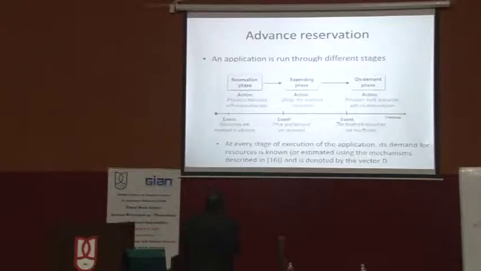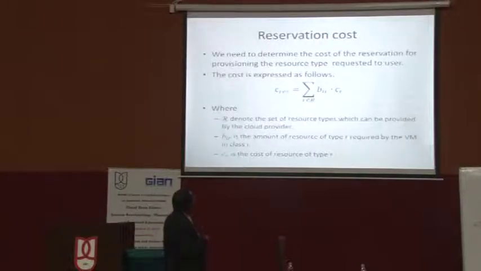So at every stage of execution of the application, there is a demand for resources if we actually underestimated. So the costs that we have: reservation cost. When we want to do advanced reservation, we need to determine the cost of the reservation for provisioning the resource types.